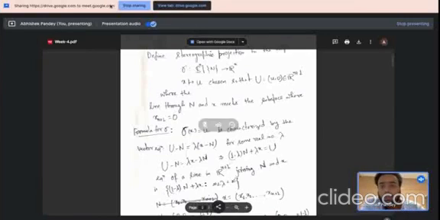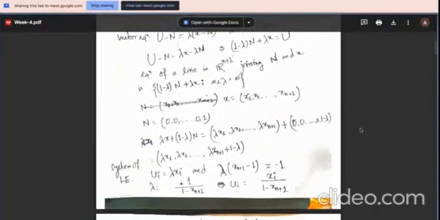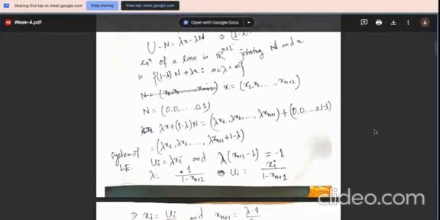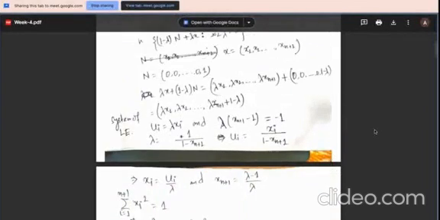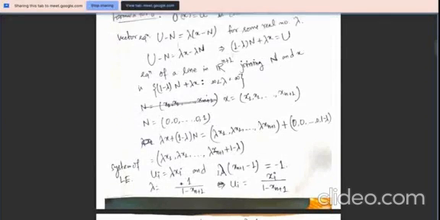This is the equation of the line. Now x is of this form and n is of this form, and you just have to calculate. This is a system of linear equations where u i equals lambda x i and lambda times x n plus 1 minus 1 equals minus 1. You just need to get the form of lambda and u i.